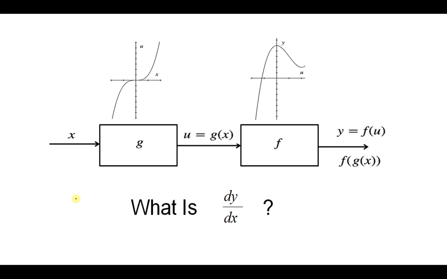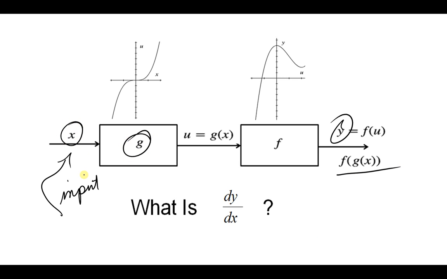Now, basically, to give you an idea of what we're doing here, suppose you have a function and the input is x and the output is y, and it's a composite function. In other words, x goes into first a function g of x, and its output is u equals g of x. And the function could look like this, and obviously it's not a linear function, and it's going to have a derivative, and it's going to vary depending on what x is.